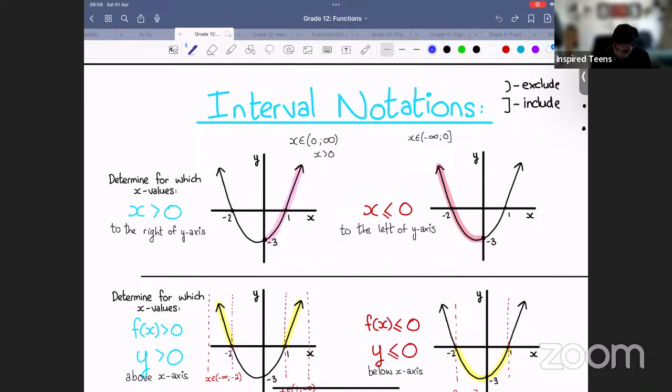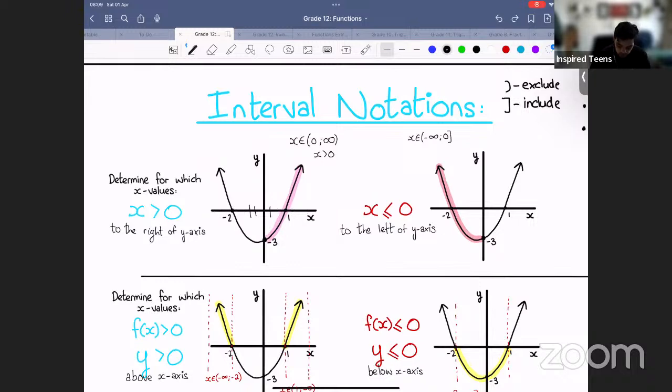We identified that part on the graph, so we highlighted it. Then all we need to do is express the highlighted part in terms of x values. Remember, x values work according to the x-axis, so we have to match it to a corresponding value along this line, wherever our interval is.